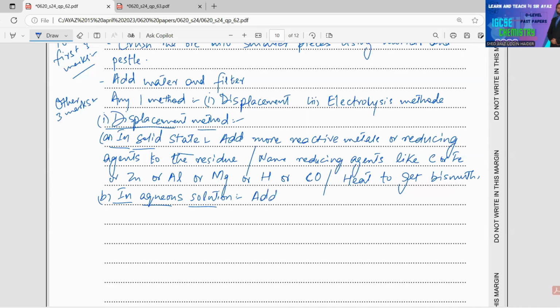Add a named strong acid or more reactive metal. Remember, more reactive metal, not highly reactive metal.